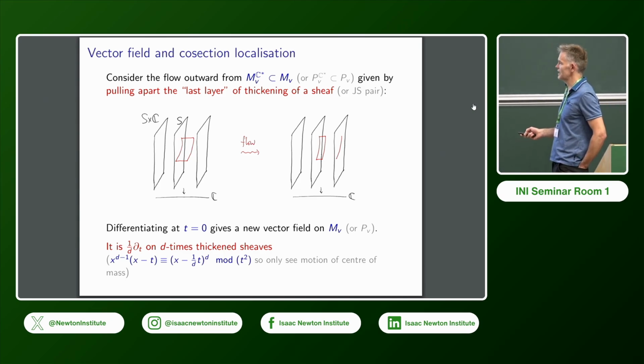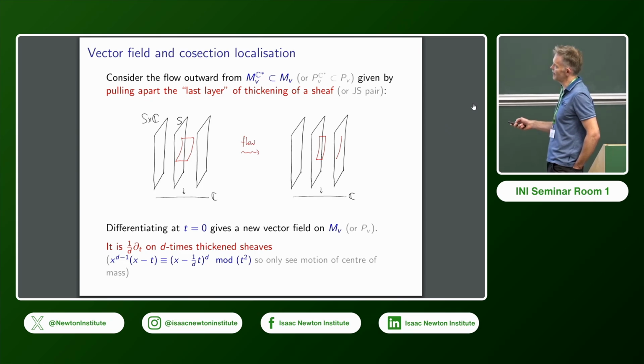But it's this computation, which you know very well. So this here is the equation just in the C direction. I'm ignoring the S direction here in this computation. But in this computation, in the C direction, x is the variable in C, t is time. Then this computation you know very well.